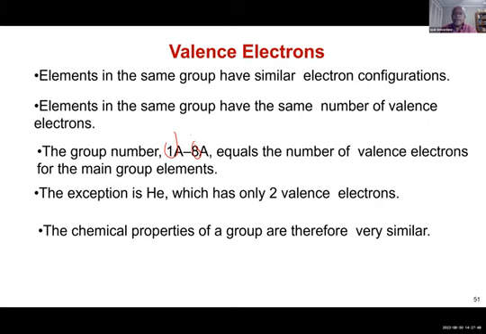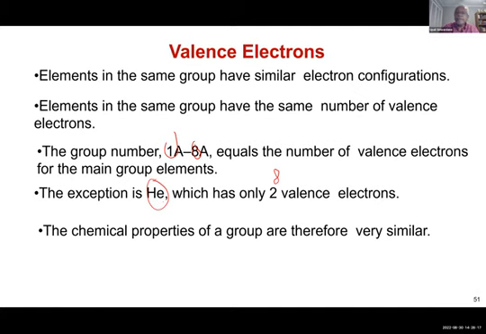Except helium: valence electrons are all 8 for noble gases. The exception is helium. The rest of the noble gases have 8, but helium has only 2.